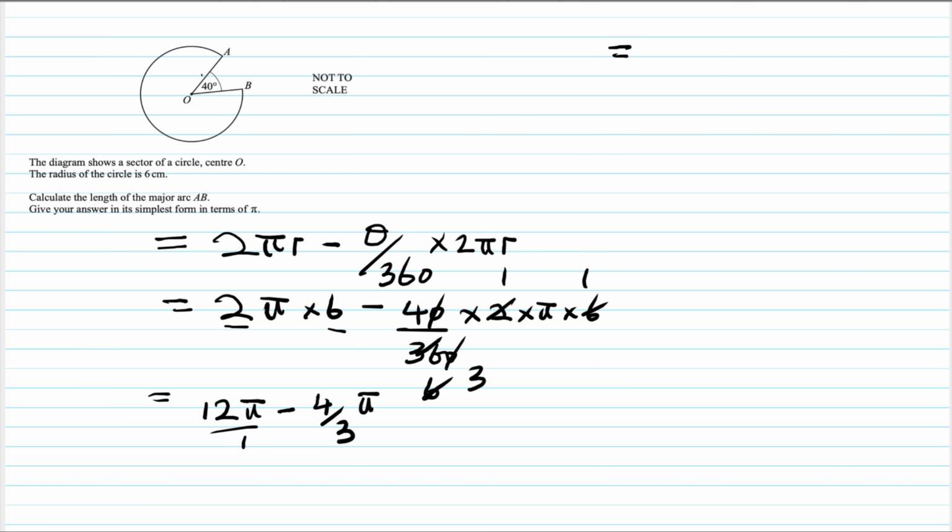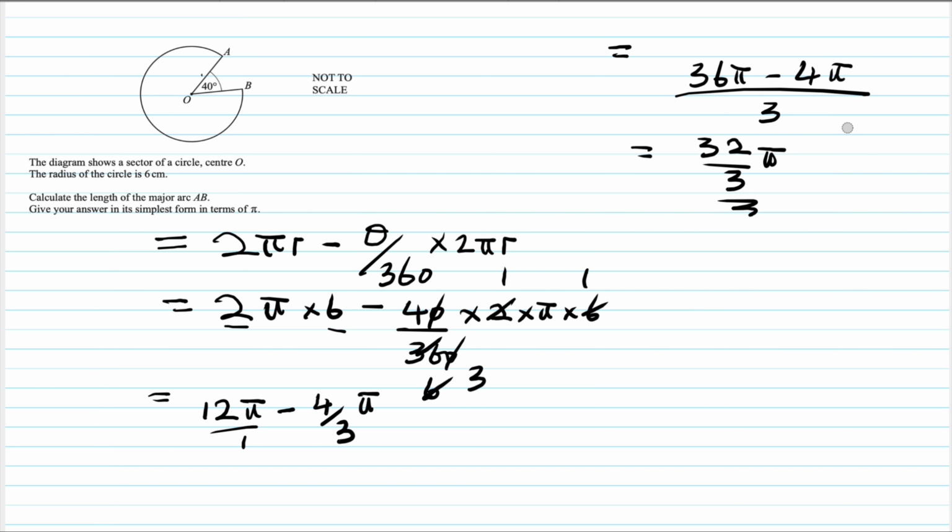So when we come up here, we have that the LCM of 1 and 3 is 3, and 1 goes into 3 three times, and 3 times 12 is 36. So we have 36 pi here, minus 3 into 3 is 1, 1 times 4 is 4. So this is minus 4 pi. So this is equal to 36 minus 4, which is 32. So this is 32 over 3 pi.